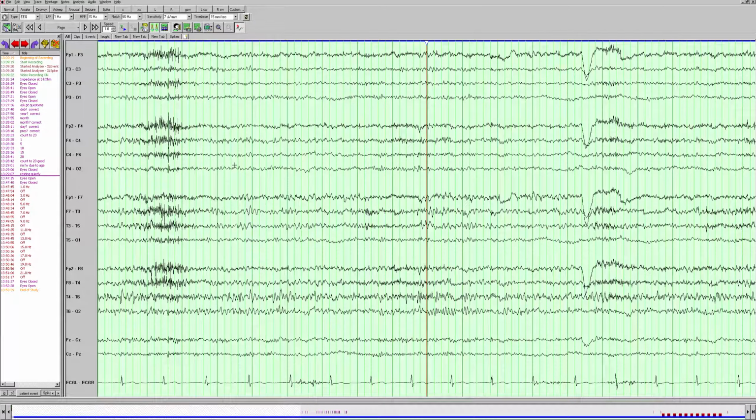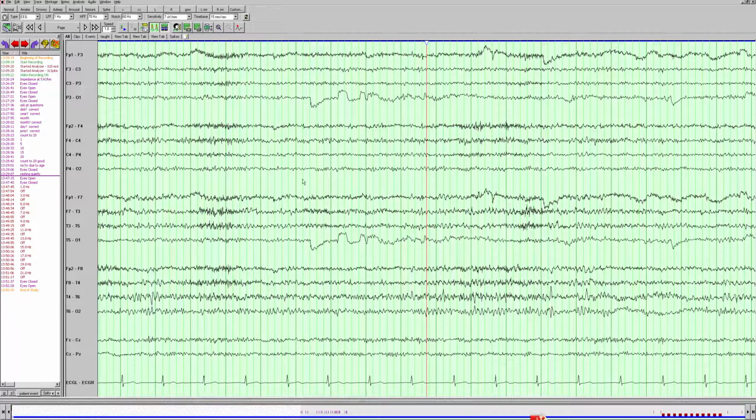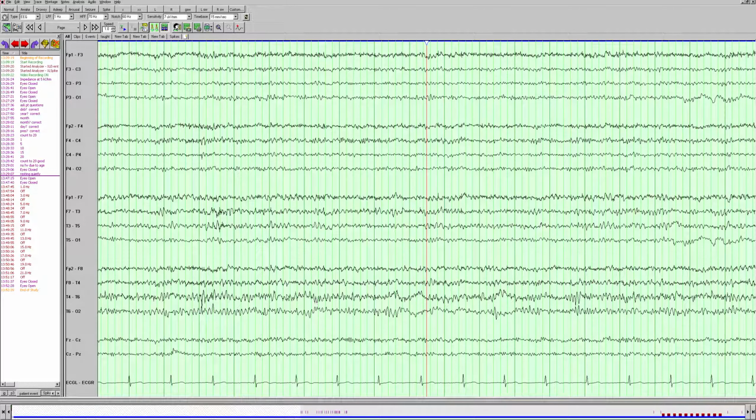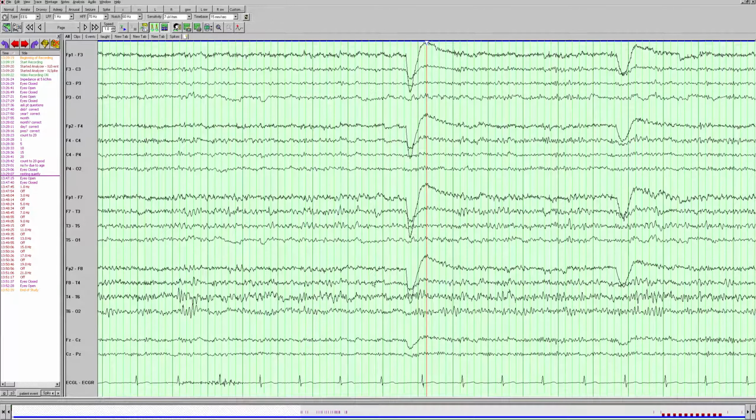Now let's talk about the symmetry of the background. If we look in these parasagittal head regions, it looks like in terms of the symmetry, the background frequencies look pretty similar here, and the background amplitudes look pretty similar. If we look in the temporal regions, and this may have already caught the eye of some more experienced EEG readers, we can see there's a difference here.